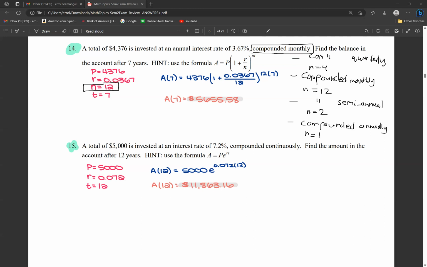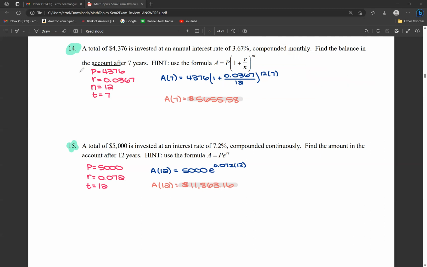All right, now you have all these variables. Now just stick them all into this equation right here, and you should get 5600-something. The way I solve it, I would do the parentheses first.